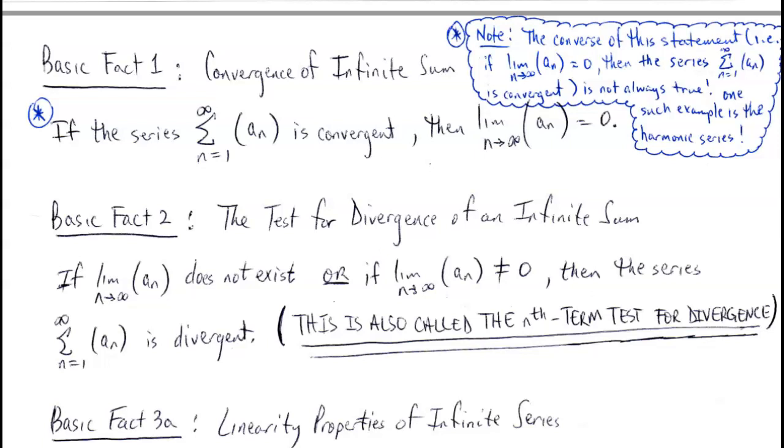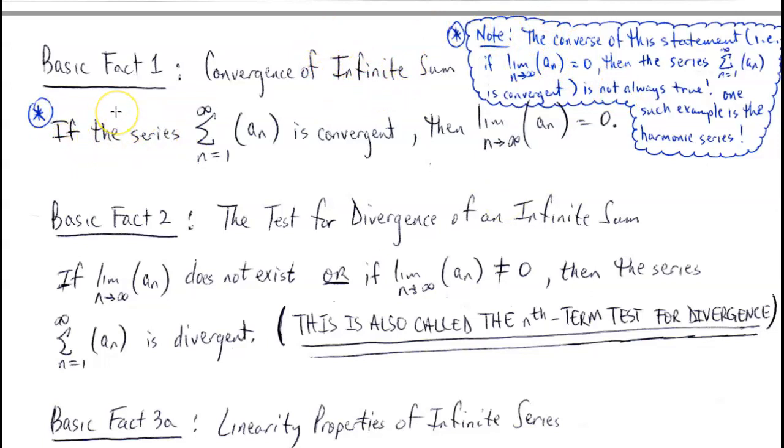Now we are in the part 2 video, and we need to cover some basic facts that come as a result of defining what an infinite series is and its convergence properties.